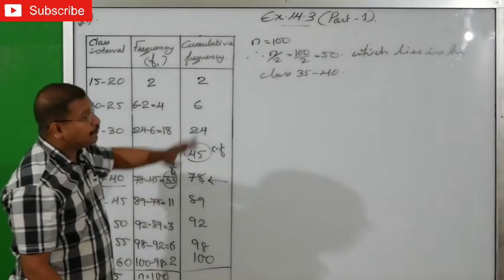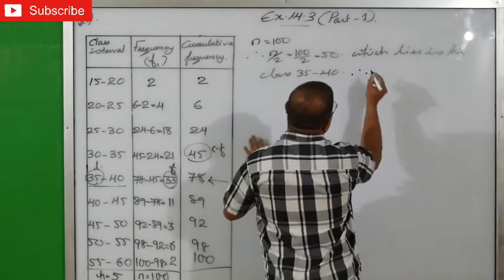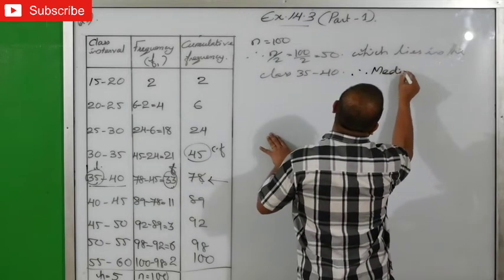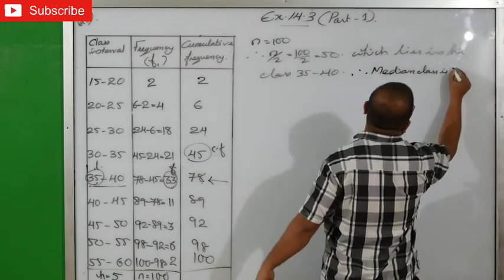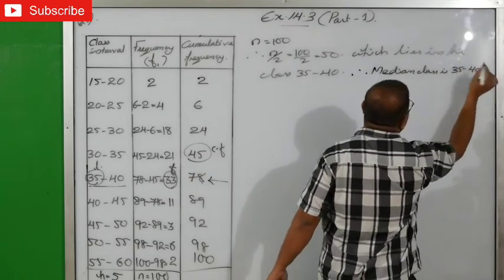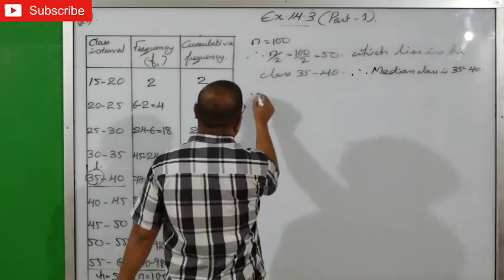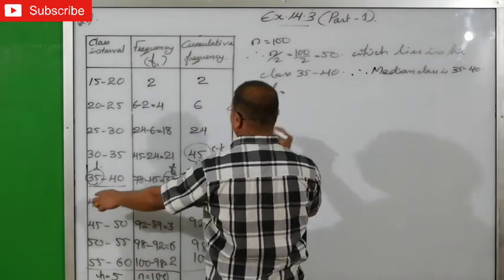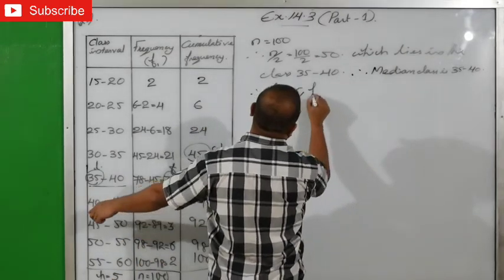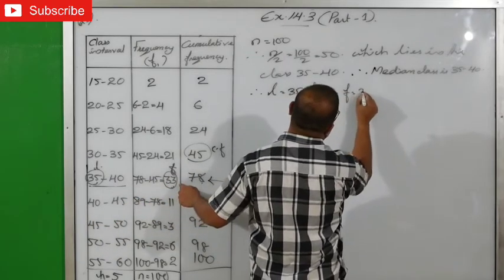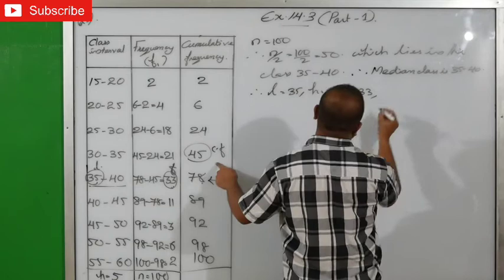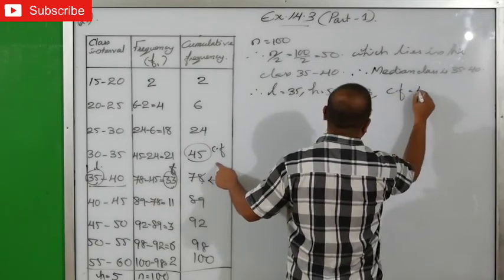Therefore the median class is 35 to 40. Therefore l equals 35, h we got as 5, f is 33, and CF is 45.